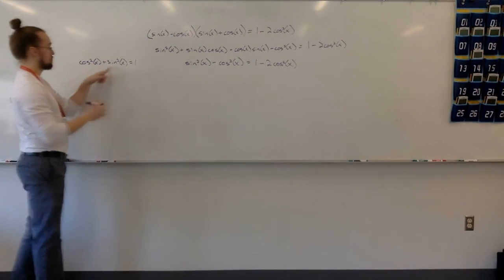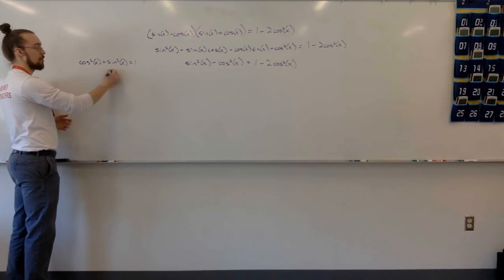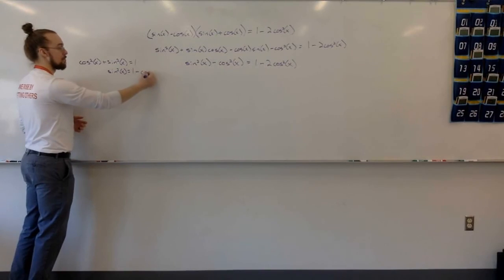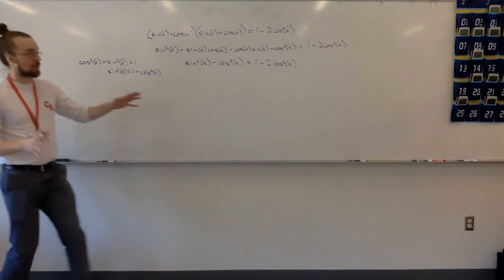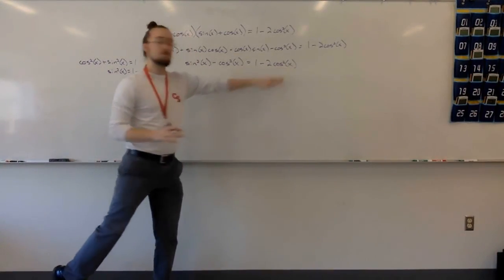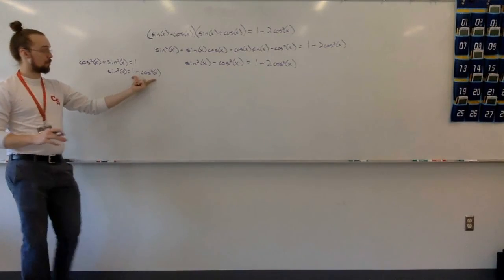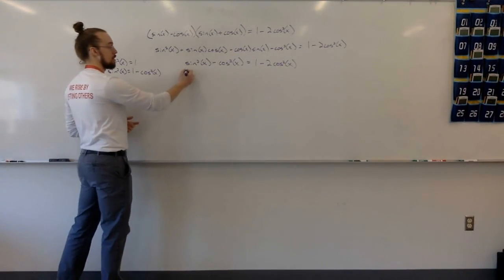I can solve for sine squared by subtracting cosine squared over. So sine squared of x would equal 1 minus cosine squared of x. So again, thinking that we just want cosines, I can replace sine squared here with 1 minus cosine squared.